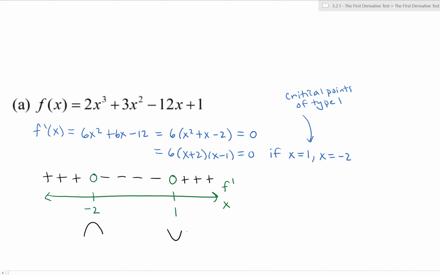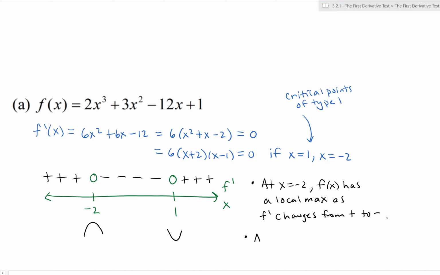And that's really what the first derivative test allows us to conclude. And thus, at x = -2, this function f(x) has a local max, as f prime changes from positive to negative.